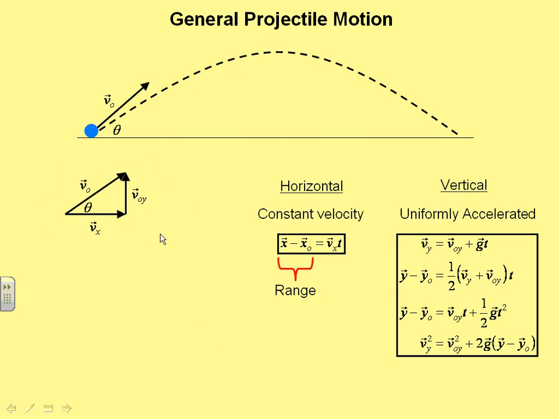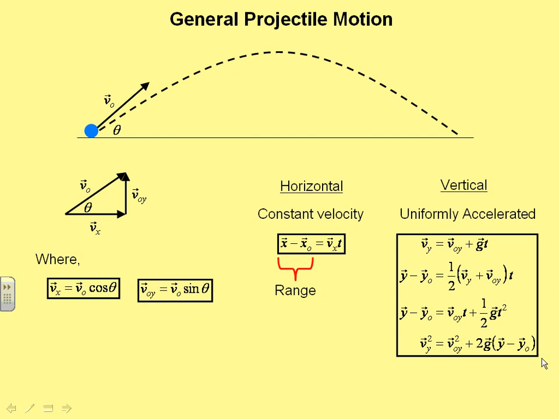Obviously, this is a right triangle, and so we can employ right triangle trig. We can relate Vx to Vo and the angle. Right? Vx is the hypotenuse, the initial velocity, times the cosine of theta. And Voy is simply Vo times the sine of theta. Now you could either calculate those numbers, given Vo and the angle, or you could put it in symbols if you wanted to work symbolically.